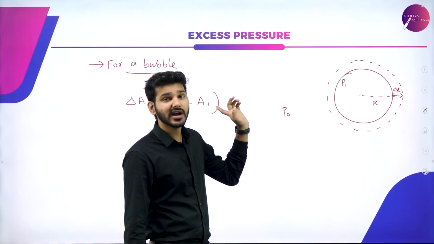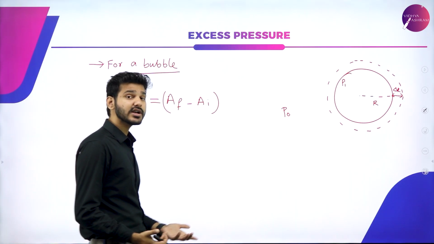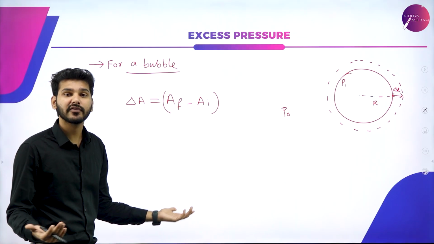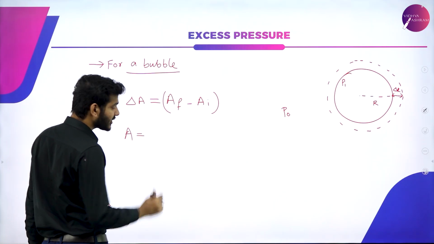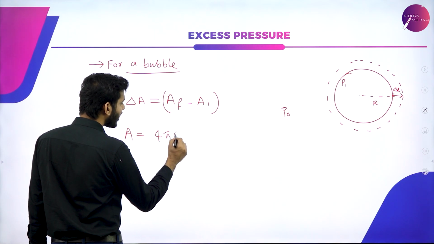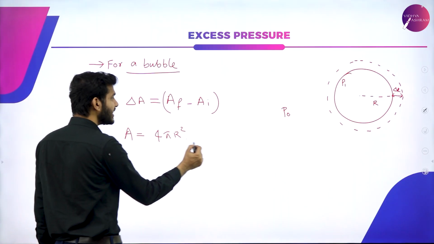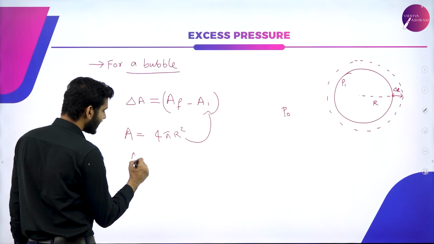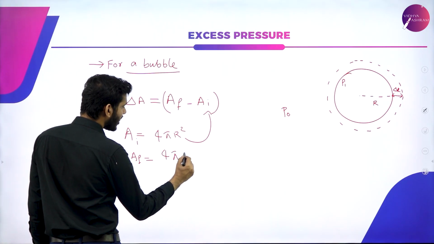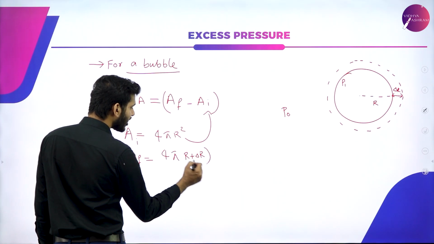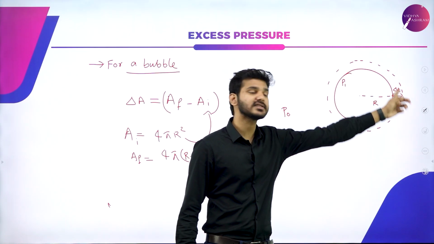We have to find the final and initial areas, because we already know the equation for the area of a sphere. The area of a sphere is 4 pi r square. So this will be the initial area. The final area will be 4 pi times r plus delta r whole square, because the radius is now r plus delta r.